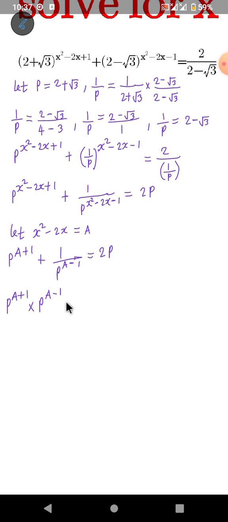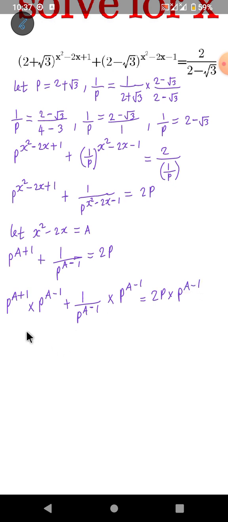Then plus 1 all over P raised to the power of a minus 1 multiplied by P raised to the power of a minus 1, all equal to 2P multiplied by P raised to the power of a minus 1.